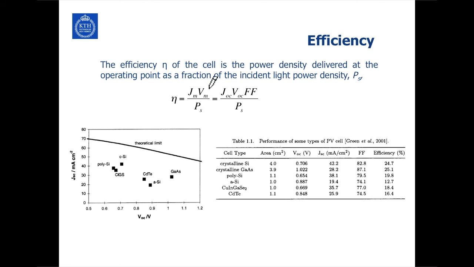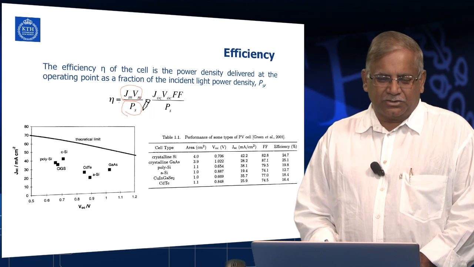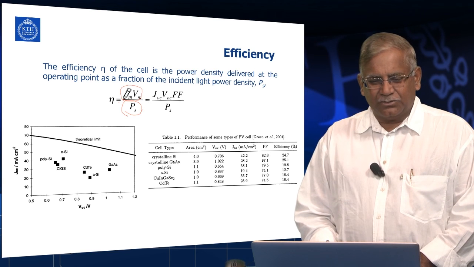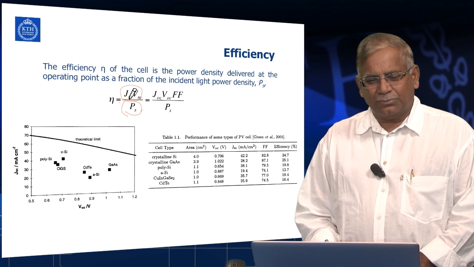In this particular case, this is the power obtained at the maximum power point, and that is what is delivered, and this is the incident power density. So, this is essentially how many watts per meter square we are applying to the cell, which is essentially the sun's radiation, and this is what we are getting out of it at the maximum power point.